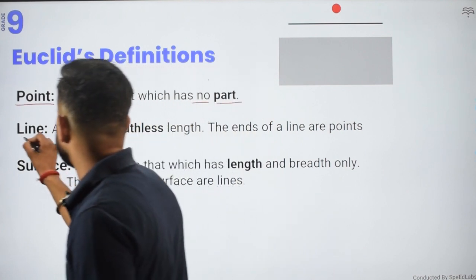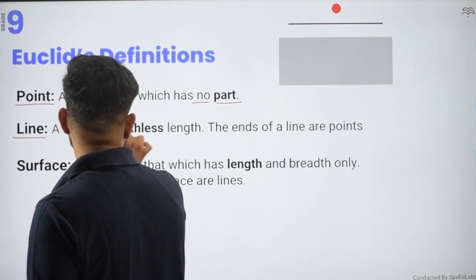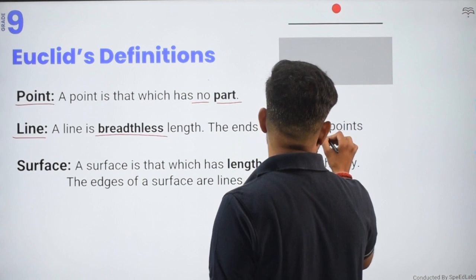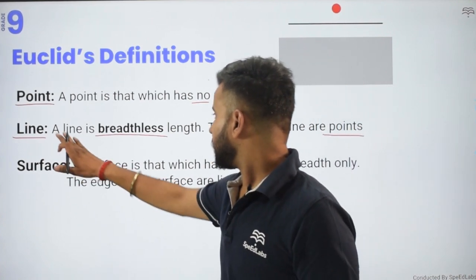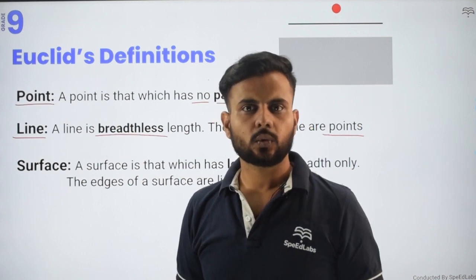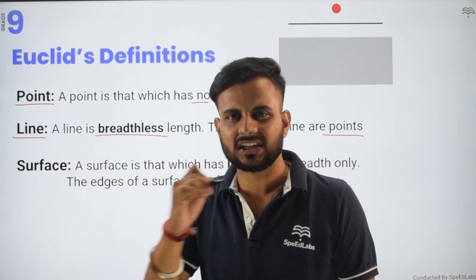Then he said something about the line as well. He says a line is breadthless length, and the ends of a line are points, right? We know that a line doesn't have any breadth. It's just the length.